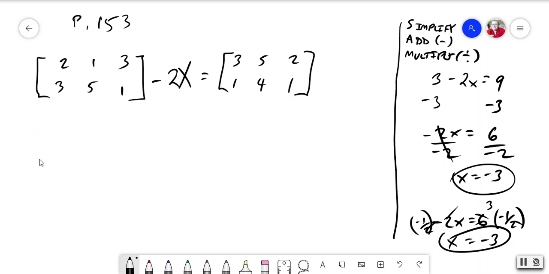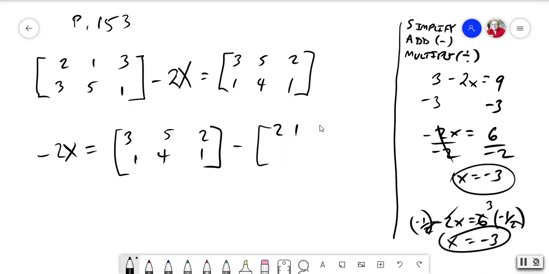So I'm going to say negative 2x equals this here, 3, 5, 2, 1, 4, 1, minus that whole deal, 2, 1, 3, 3, 5, 1. I'm not writing the subtraction over here because it would take up too much space. I did the same thing, though.